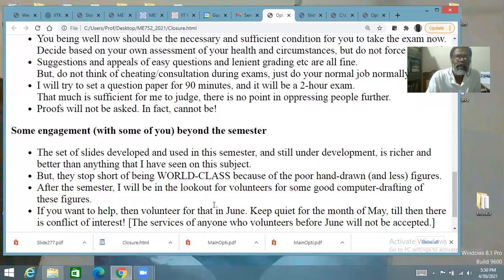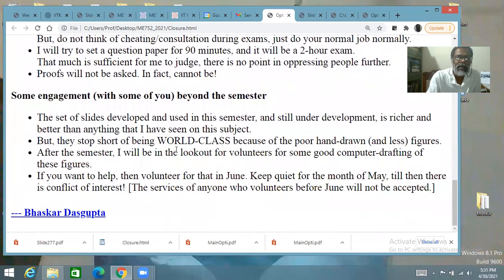Now, this is something which is actually not part of the semester, but it is a little out of the way chat. The set of slides developed and used in this semester for optimization, and still under development, as I told you, is richer and better than anything that I have seen on this subject. In particular, it is better than my own previous set of slides and notes.